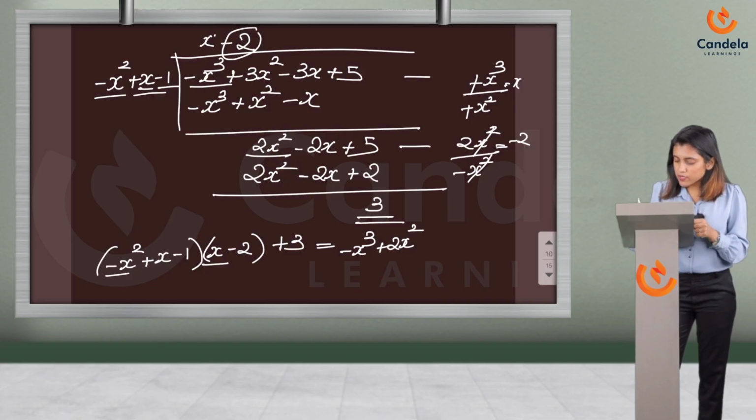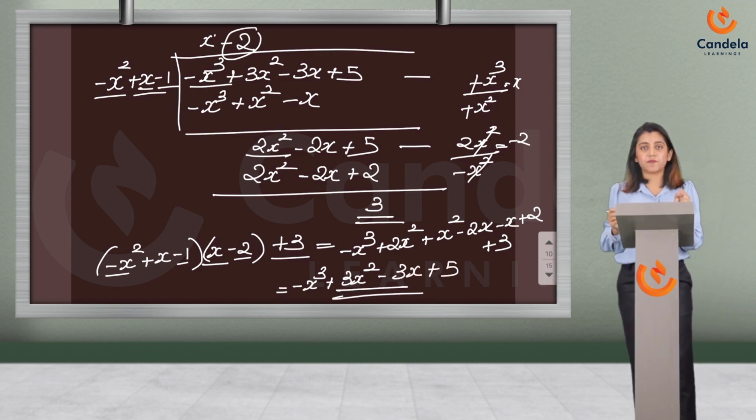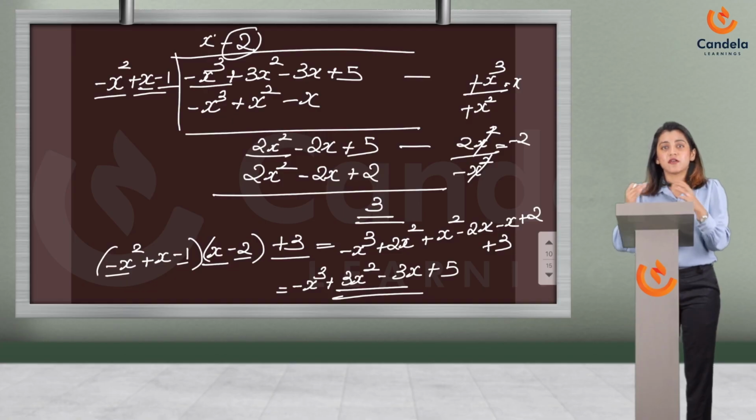Then x into x is x square, minus 2x, minus 1 into x is minus x, then minus 1 into minus 2 is plus 2, then plus 3 is left, and it becomes minus x cube plus 3x square minus 3x plus 5. Yeah, we got the dividend. So divisor into quotient plus remainder, we should get the dividend. So the division algorithm is verified here.